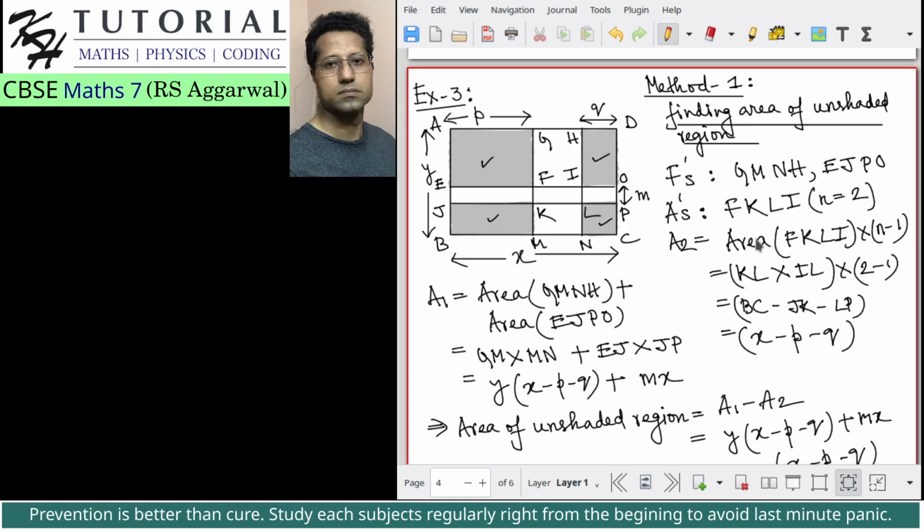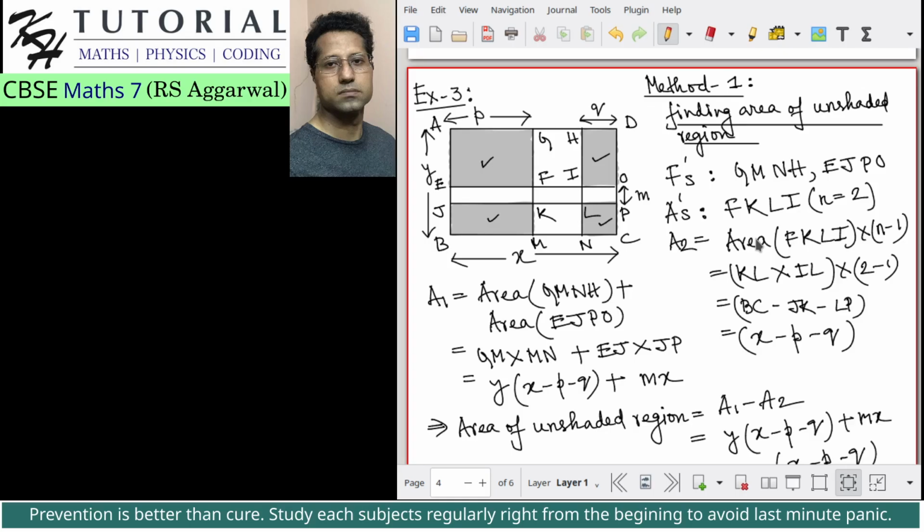I don't think I will be able to find the area of the shaded region in this method, because for the rectangle AEFG, I don't think I can find the length of GF. Based on the given dimensions, I don't think I can find the length of GF. OP is M, fine. The entire width is Y. That's all I know.